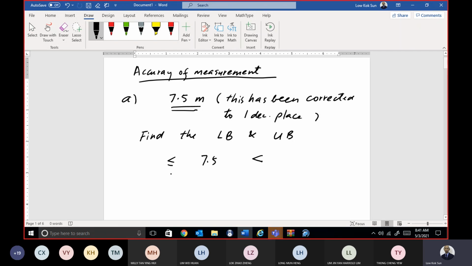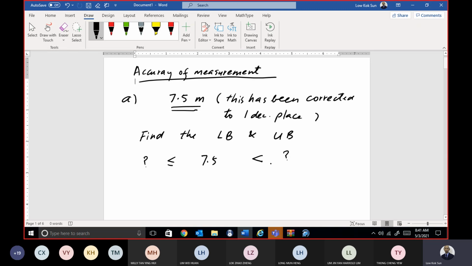So this number here, on the lower side, we call the lower boundary, and this is the upper boundary number. We are going to find these two numbers.